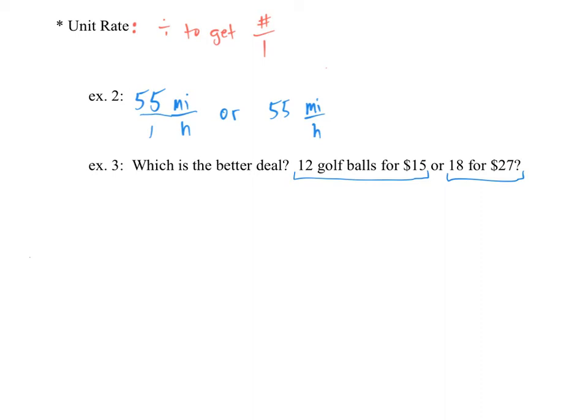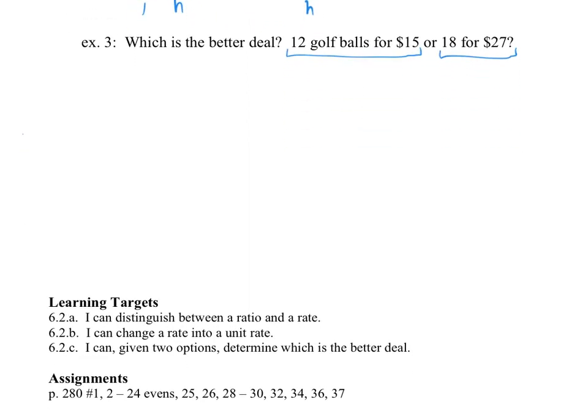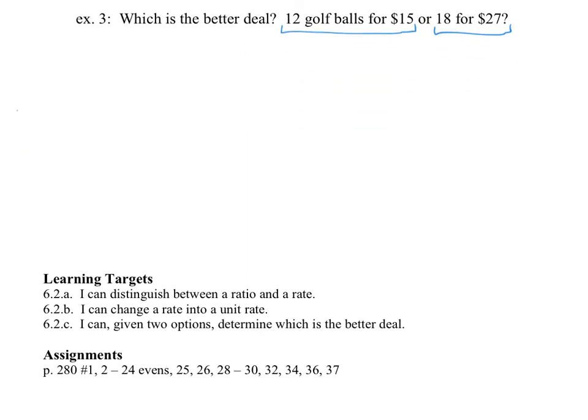Now we have two options, and it's important to keep straight in your mind which one you're doing. We could do the number of balls divided by the number of dollars. Or we could flip it and do the cost divided by the number of balls. Fair enough?